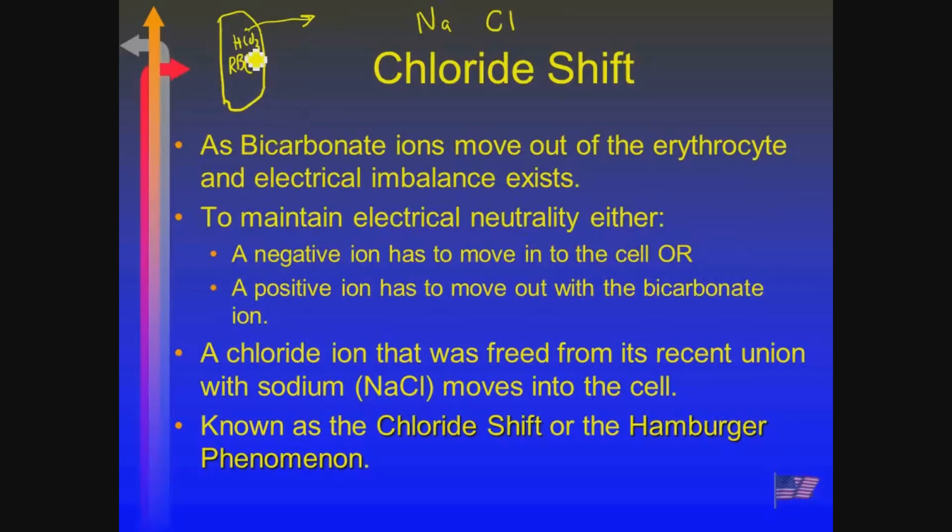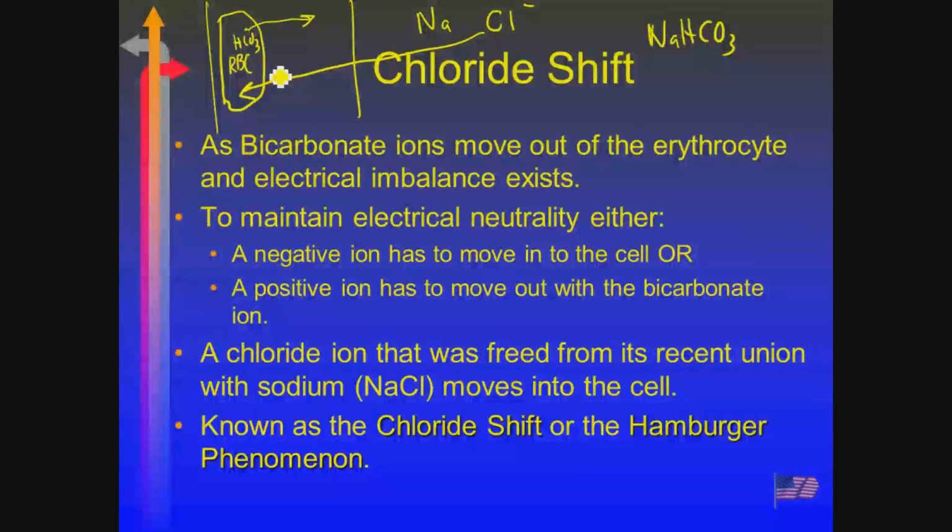I have a negative ion moving out into the bloodstream. Now I got an electrical neutrality issue here. I got a negative going out. I have to have a negative going back in, and that's where chloride comes in. So the sodium and chloride split. Chloride moves into the cell, bicarbonate moves out, and now there's sodium bicarbonate formed, and chloride's happy inside the cell.